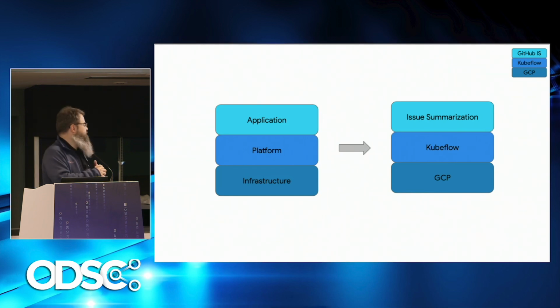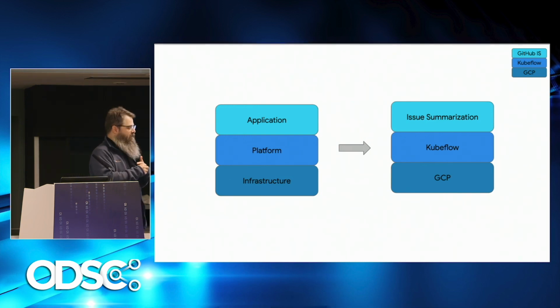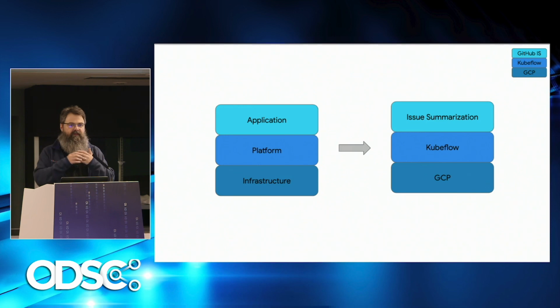And the machine learning application we'll be building is, probably everyone knows this, GitHub issue summarization, right? It's a sequence-to-sequence model which takes the body of a GitHub issue and tries to predict its title, a short sentence to recap what has been said in the issue, right?